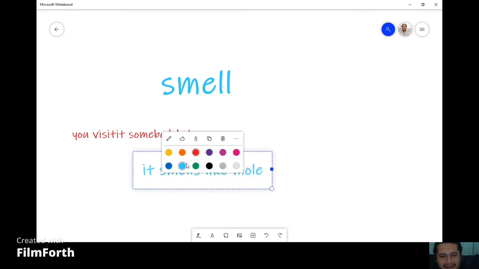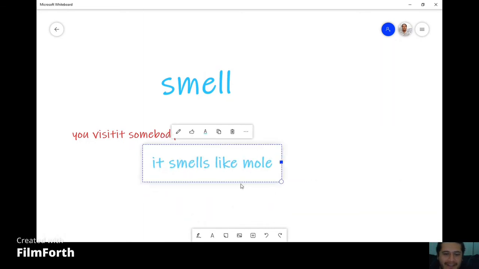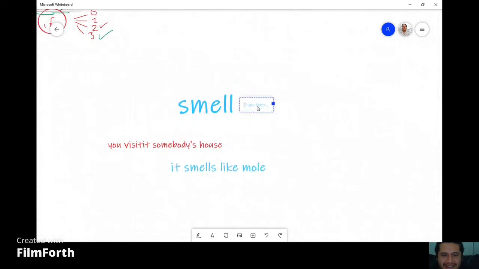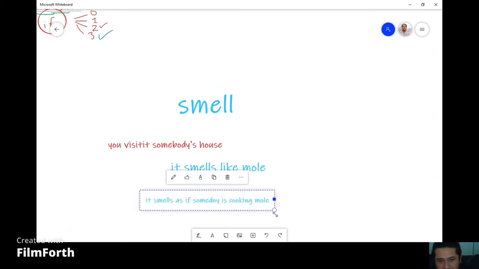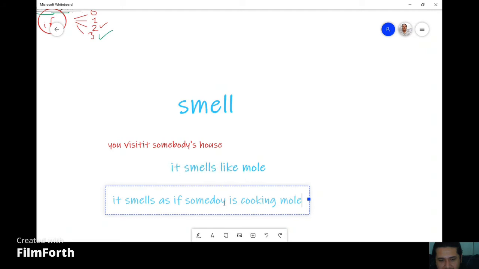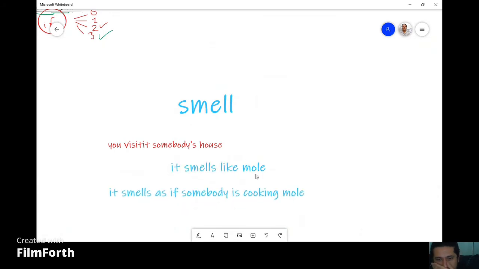It smells like mole, no? Or you can use a sentence using a clause with as if. You can say, it smells as if somebody is cooking mole right there.